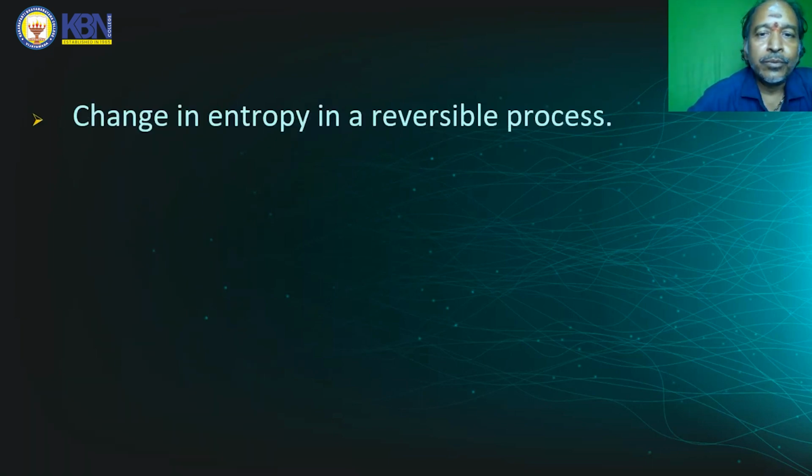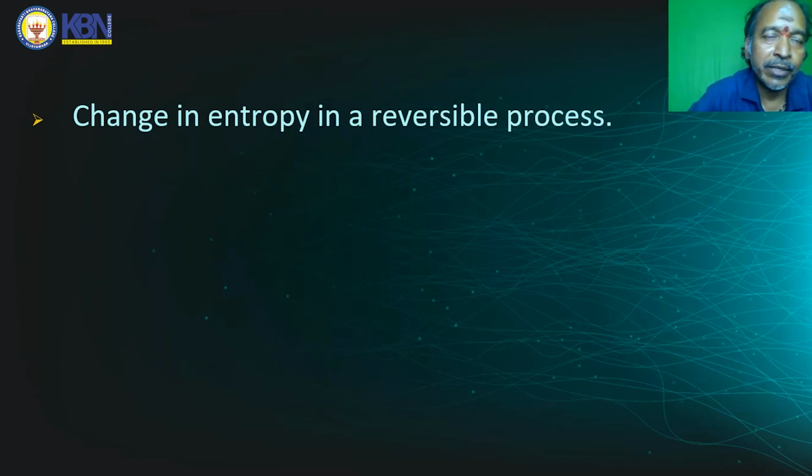And there are also two processes, one is the reversible process and the other one is the irreversible process. The reversible process means the process in which all changes occurring in the direct process are exactly repeated in opposite order. That means work done by the piston in direct process, in reverse is work done on the piston.